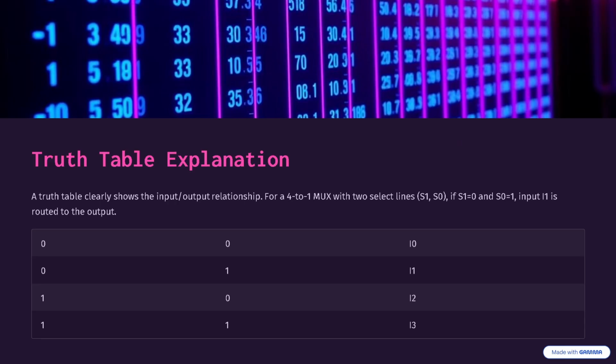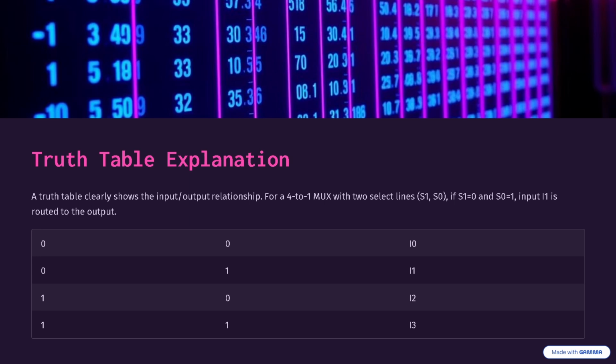Let's look at an example in the form of a truth table. A truth table clearly shows the input and output relationship for a 4-to-1 MUX with 2 select lines, which are S1 and S0. If S1 is equal to 0 and S0 is equal to 1, the input at I1 is routed to the output as the truth table shows.